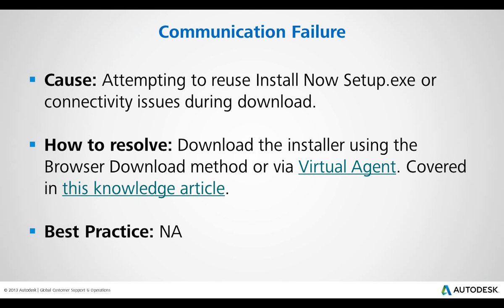There's a couple ways around it when you get that error message. You can download it through the browser download method. When you're downloading through either Subscription Center or your Autodesk account, there will be a button that says Install Now. Usually that button will have a down arrow on the right end of it, which will pop up a list of other optional download methods, one of which will be browser download.